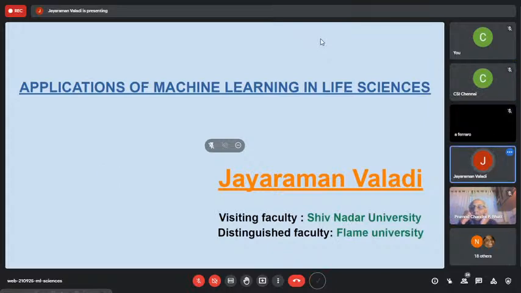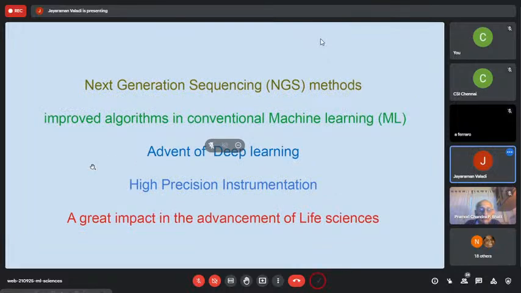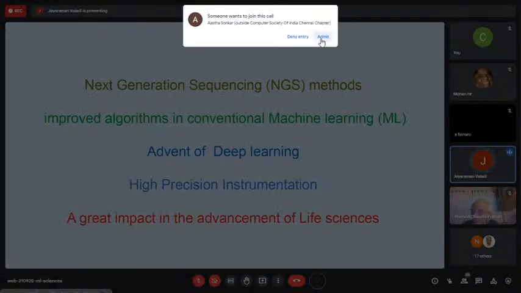Good evening. Thank you very much. I first sincerely thank IEEE Chennai and all the associated associations for giving me an opportunity to talk before you. I'm going to talk on the applications of machine learning in life sciences. The recently implemented next generation sequencing methodologies have provided sequencing of genomes very fast, and improved algorithms in conventional machine learning, coupled with the advent of deep learning methodologies and high precision instrumentation in biology, have made a very great impact on the advancement of life sciences.